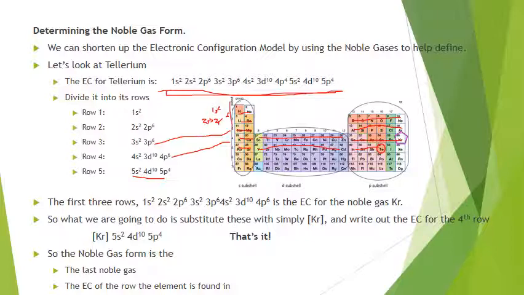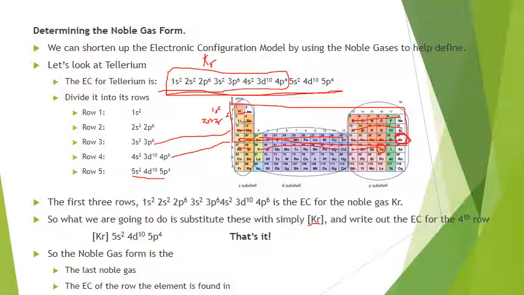If you look, these first 4 rows, when they're all filled up, have the electronic configuration of krypton. So what we're going to do is replace all of this right here with krypton.